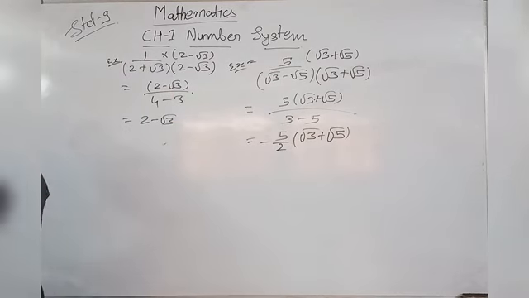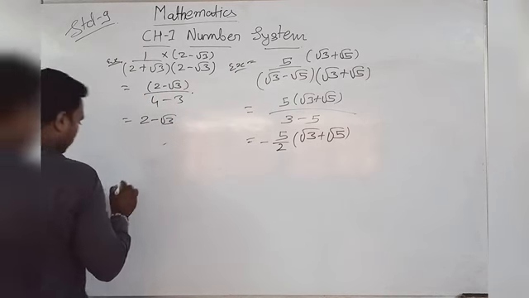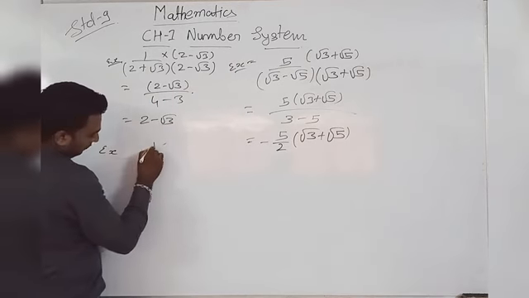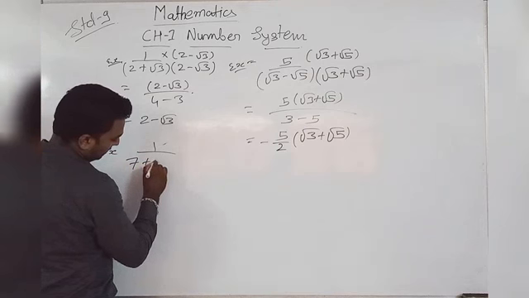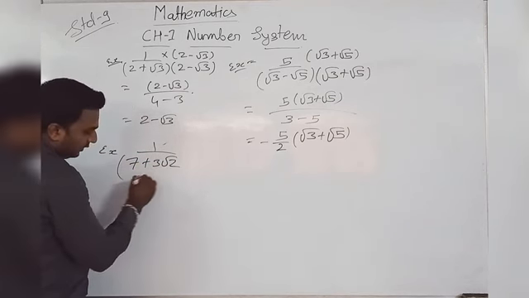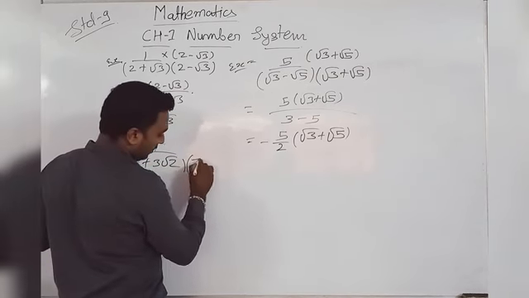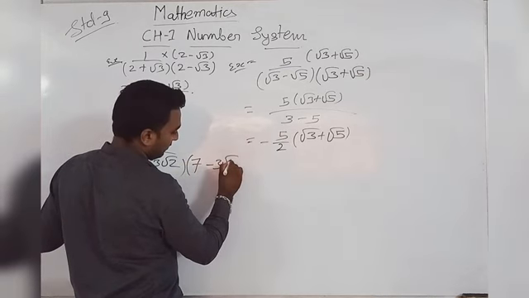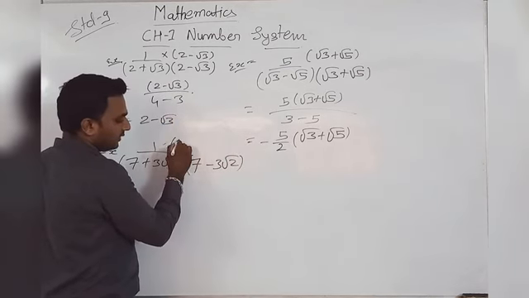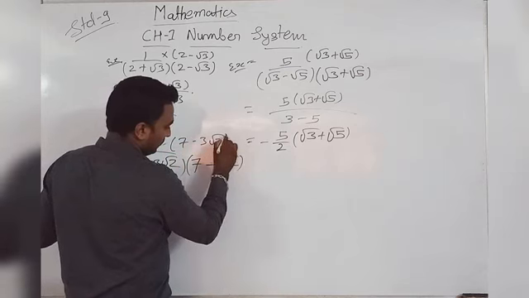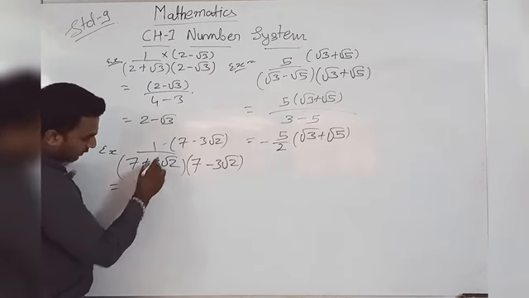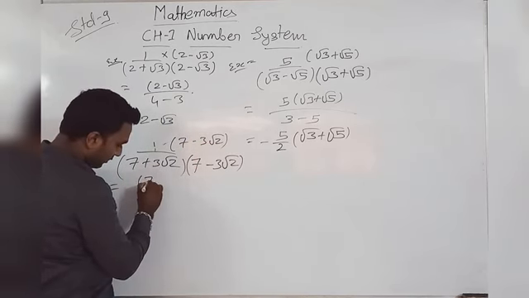Then 1 upon 7 plus 3 root 2. Here 7 plus 3 root 2, again we take here 7 minus 3 root 2. So we know that 1 multiplied by 7 minus 3 root 2.